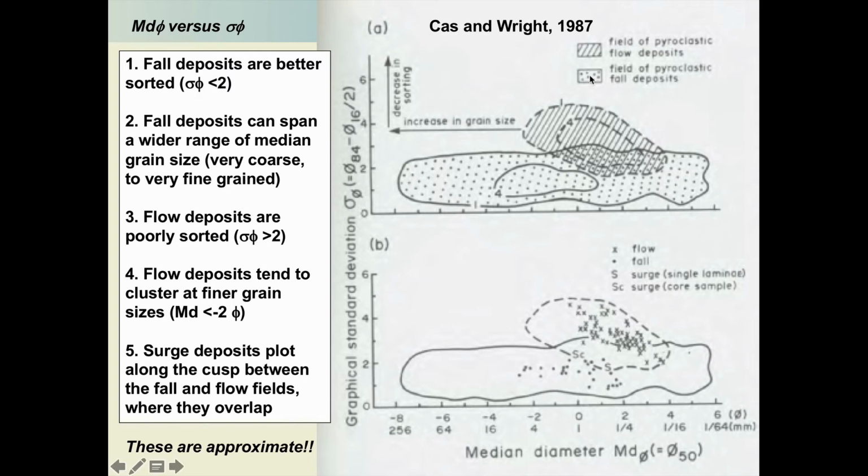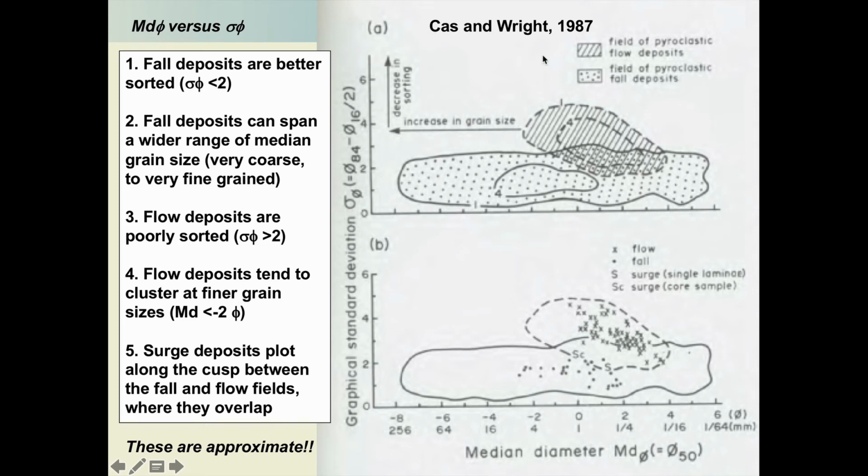So the field of pyroclastic fall deposits is shown here by the stippled curve along the bottom. The field of pyroclastic flow deposits is shown up here by the diagonal hatched field. One thing I'd like you to note is that there are some separations. Pyroclastic flow deposits tend to be much less well sorted.